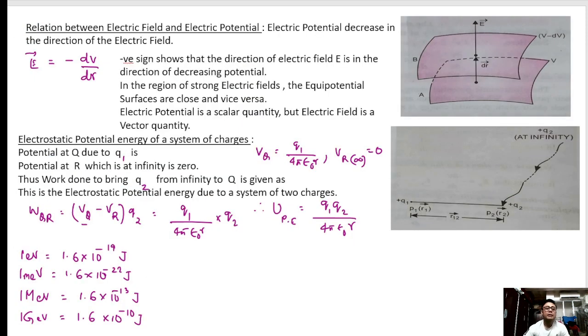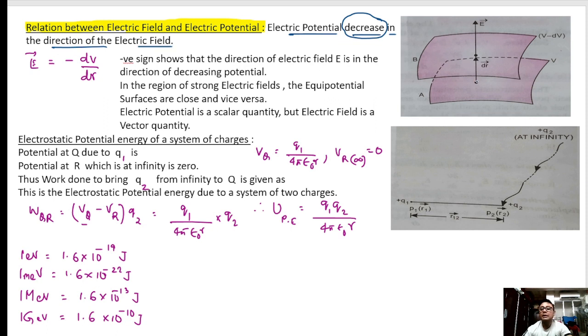Now we will study the relation between electric field and electric potential. So please watch. Electric potential decreases, and this is very important, in the direction of the electric field.